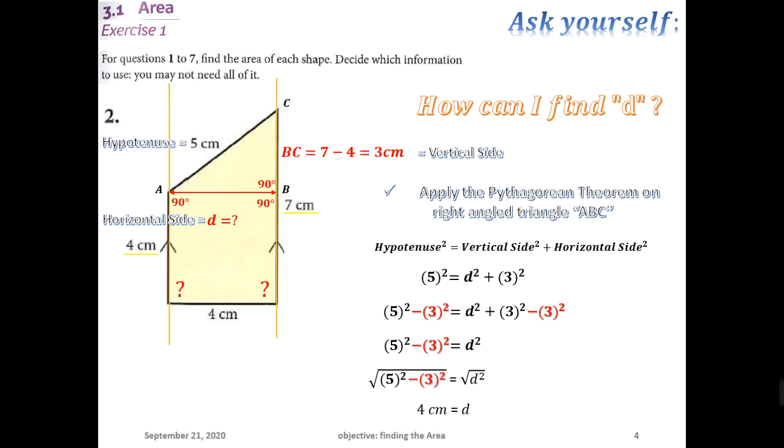And accordingly, D is equal, if we insert all this, square root of 5 to the power of 2 minus 3 to the power of 2, if we insert this in the calculator, we're going to end up with D is equal to 4 centimeter. Place whatever you find on your diagram.